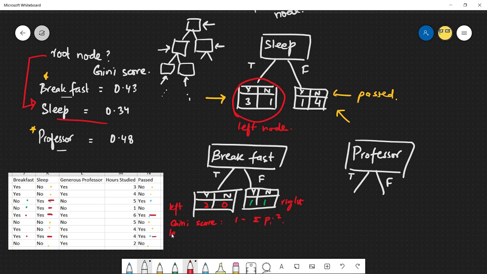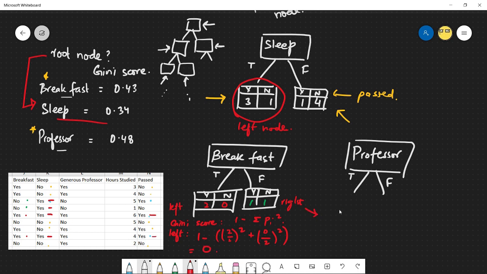And so for the left node, it is going to be 1 minus the probability of the yes for pass, so it is 2 over the total, which is 2 over 2, squared, plus 0 over the total, which is 0 over 2 squared. And this will come out to be a very beautiful 0.